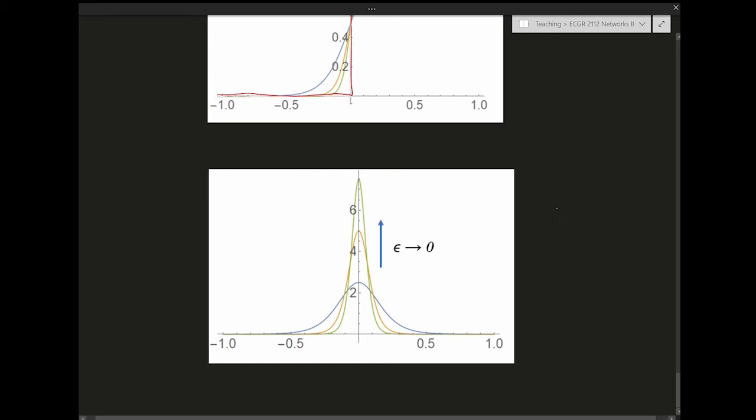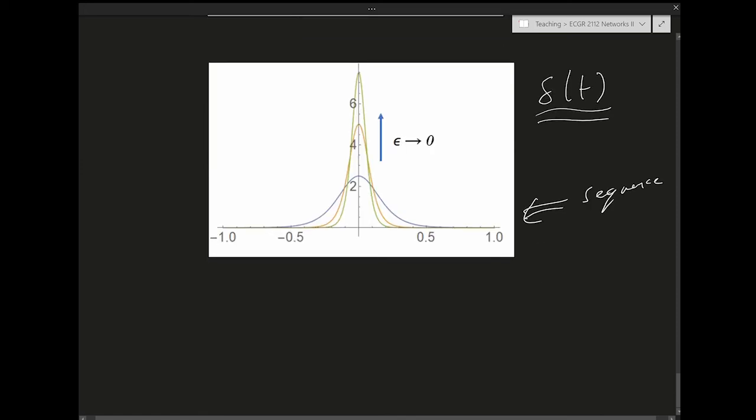We already know this. This is delta t, the limit of this sequence of functions. That suggests that u prime of t is delta t, and delta t is u prime of t.